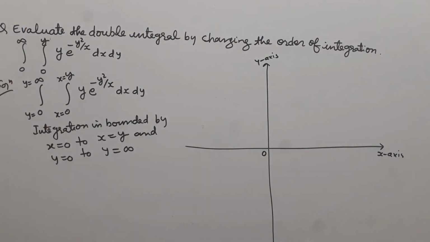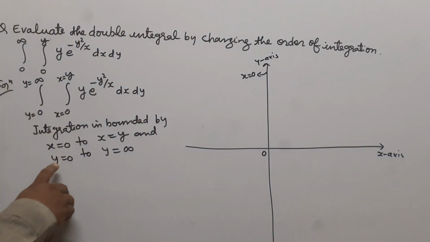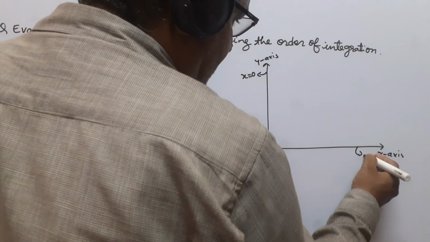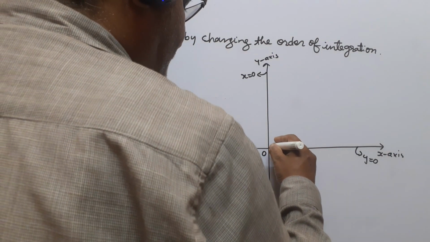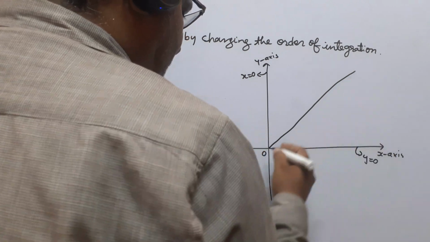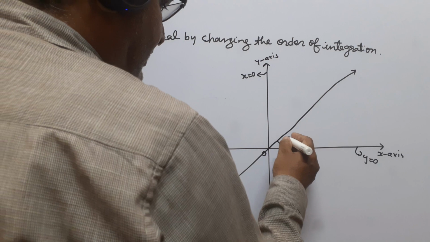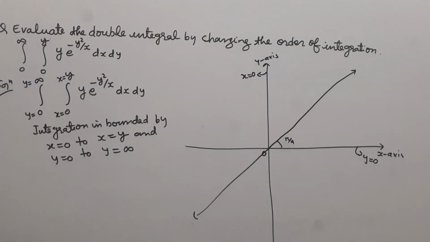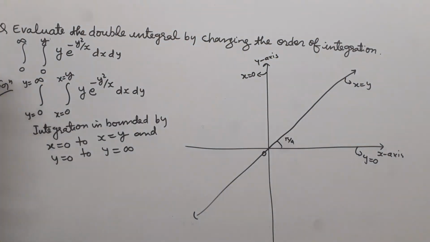Now x equal to 0 is the equation of the y axis, and y equal to 0 is the equation of the x axis. x equal to y is the line passing through the origin, making angle pi by 4 with the positive direction of the x axis.